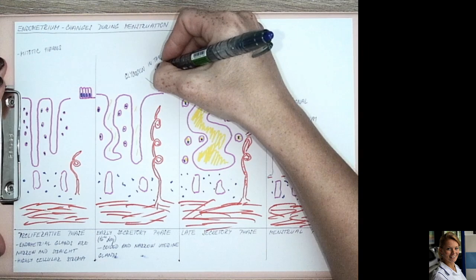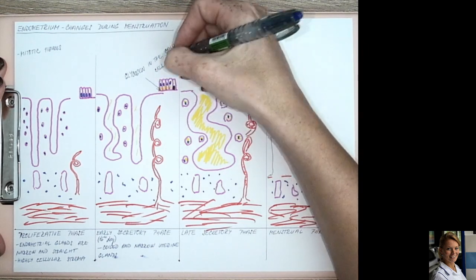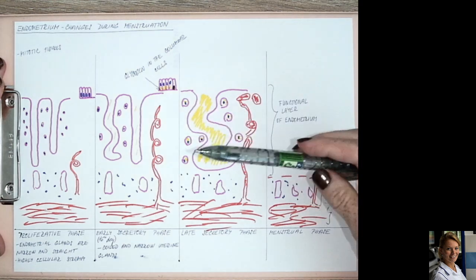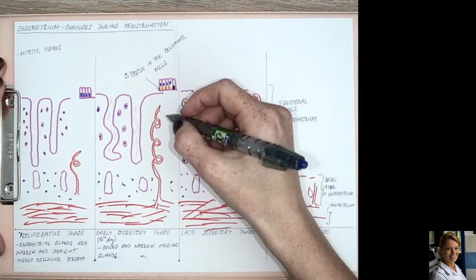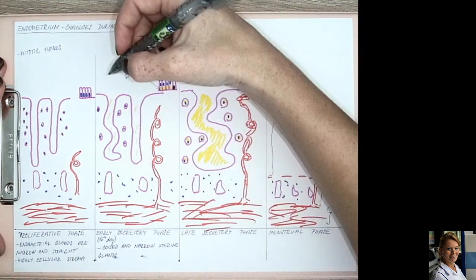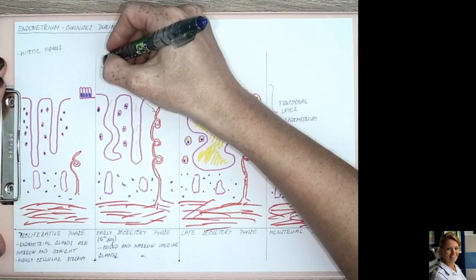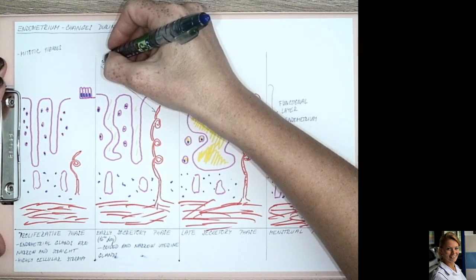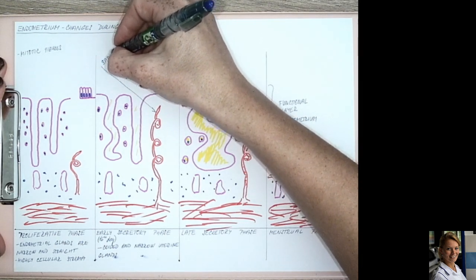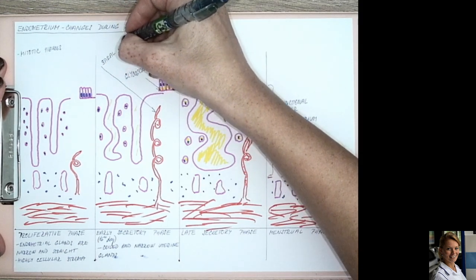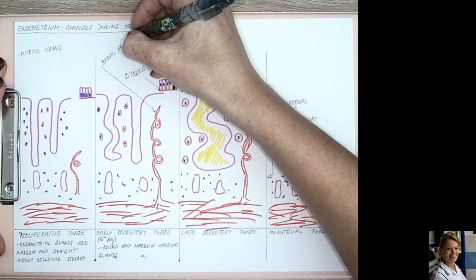Columnar cells. This is the spiral artery.